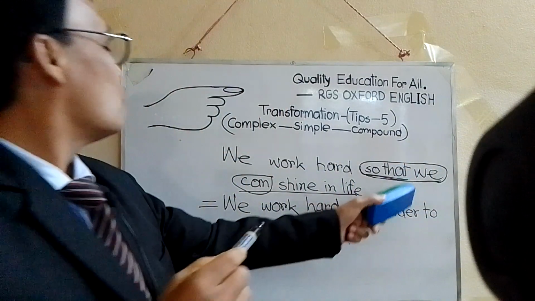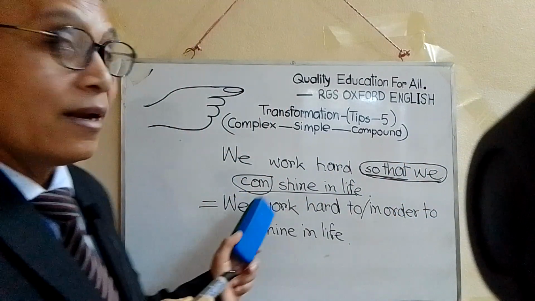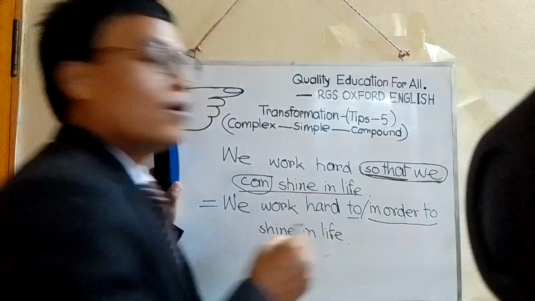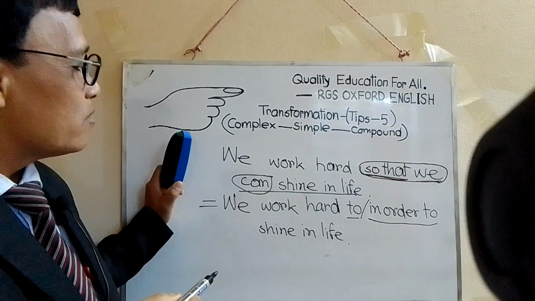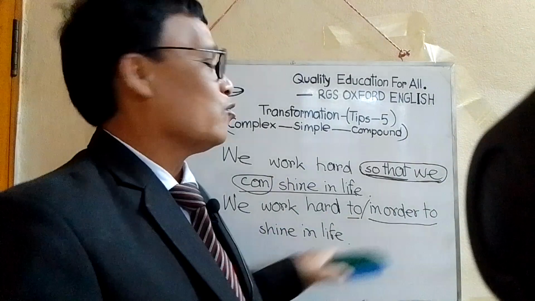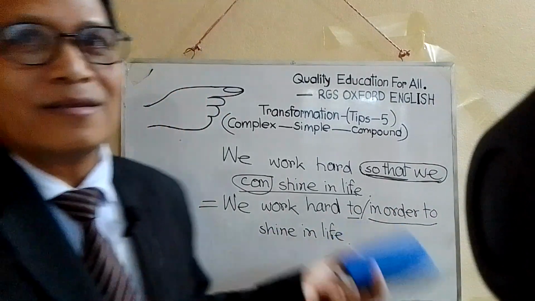Instead of so that we can, we use here to or in order to. So we work hard to shine in life, we work hard in order to shine in life. This is simple and very easy.